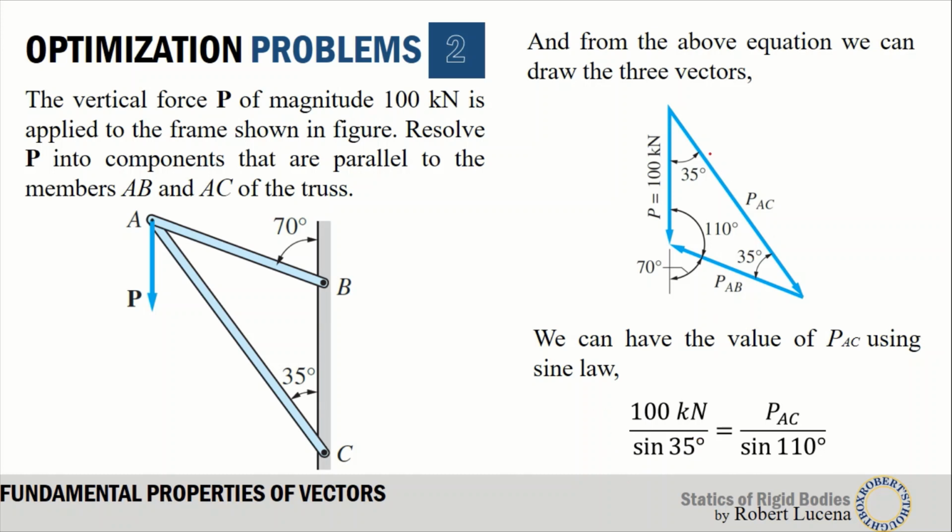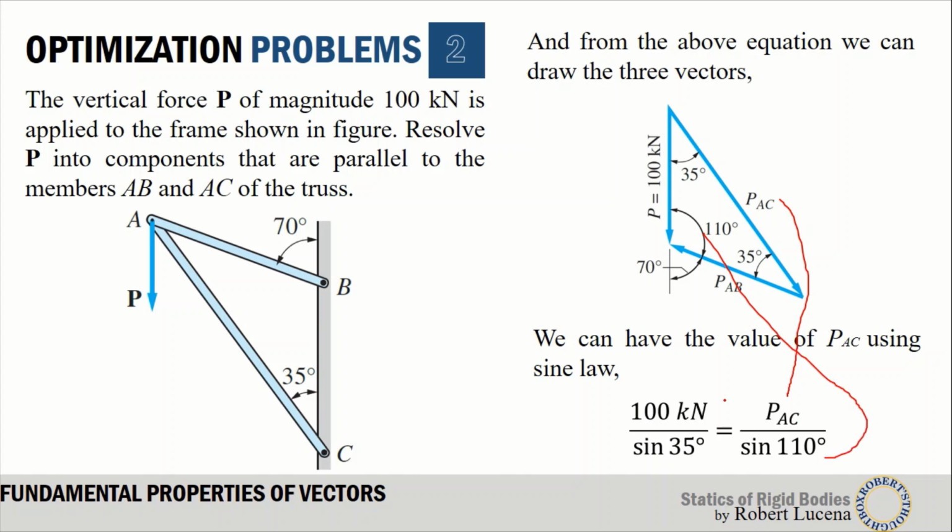We can solve for PAC now using sine law, wherein PAC over sine 110 equals 100 over sine 35. Sine law is simply the numerator is the magnitude and the denominator is the sine of the opposite angle. So that is PAC over sine 110.